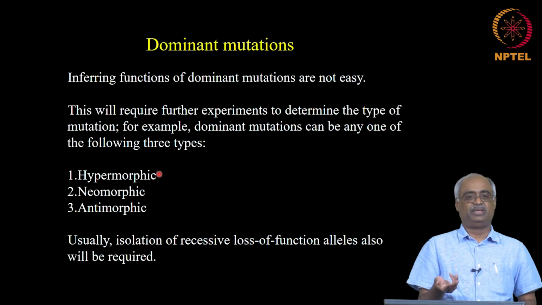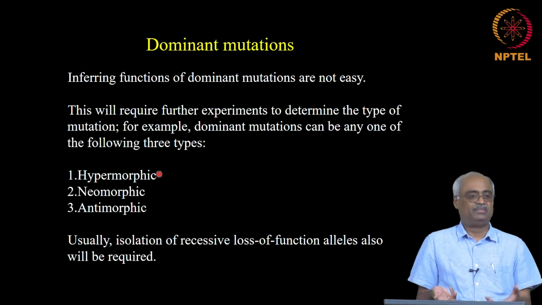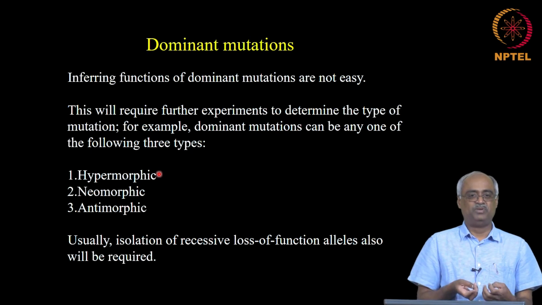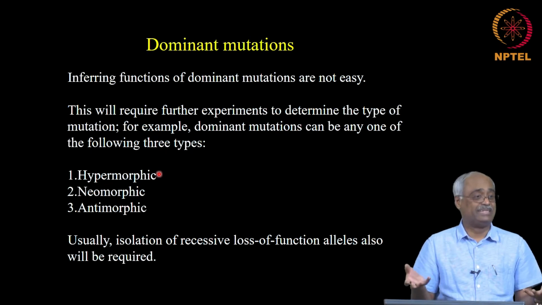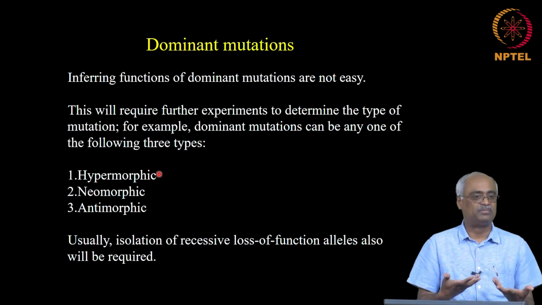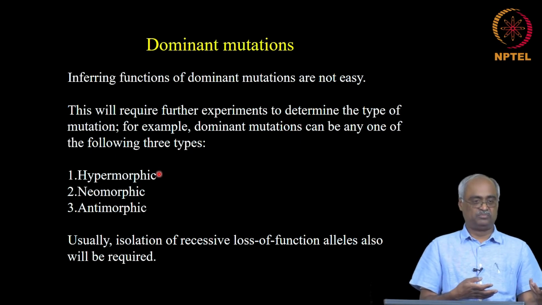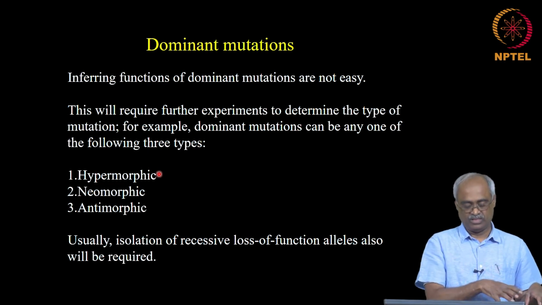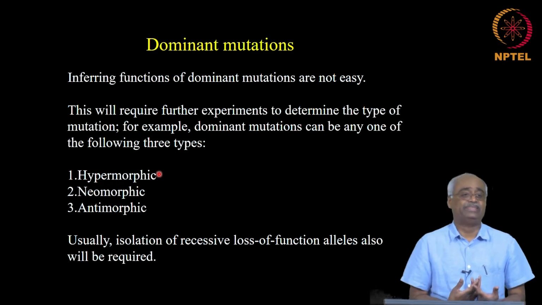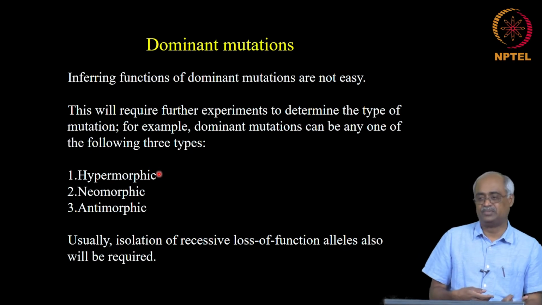For example, if you take a protein like superoxide dismutase, normally it is a superoxide dismutase, but a mutant version aggregates. That aggregation is a neomorph, a new phenotype. So, you do not know right at that step whether the dominant allele was hypermorphic or neomorphic, or it could be antimorphic, opposing what it normally does.